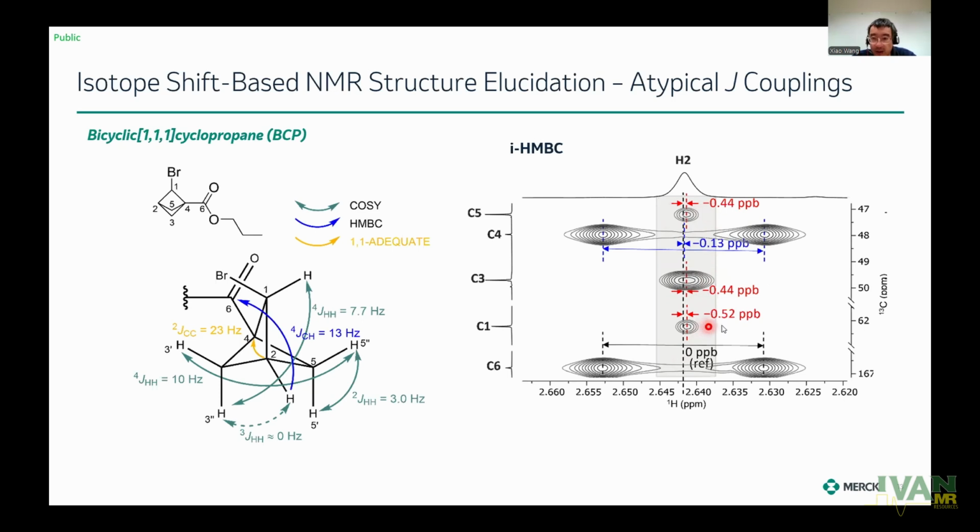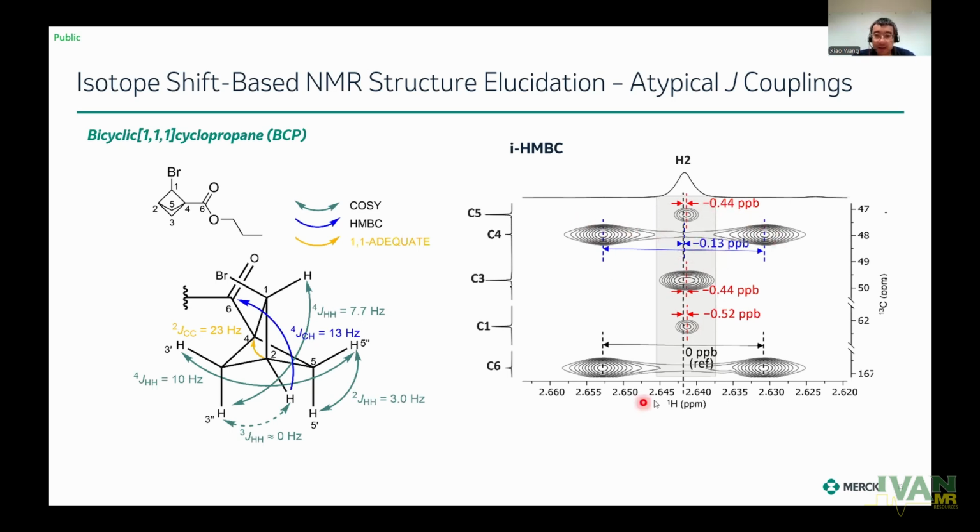They all showed quite large isotope shifts compared with the reference signal, around 0.4 to 0.5. Like 0.2 is usually a threshold between 2-bond versus longer-range isotope shift. So we can confidently know that these 3 carbons are 2-bond HMBC correlations. And this one is only 0.1 ppb, so this one is a longer-range correlation.